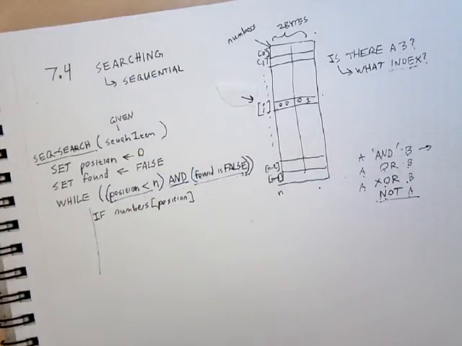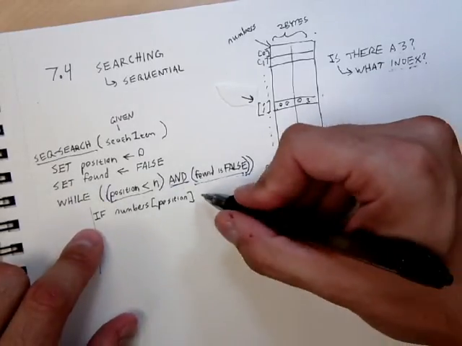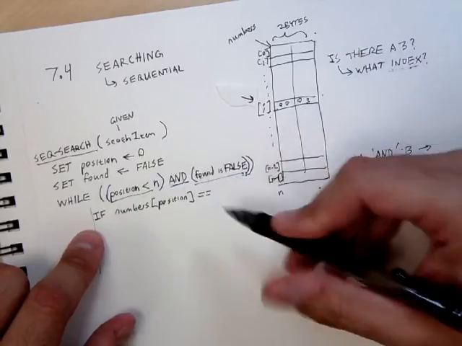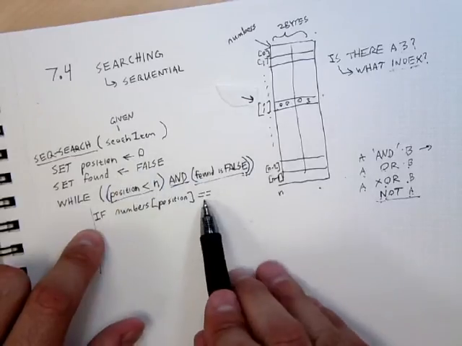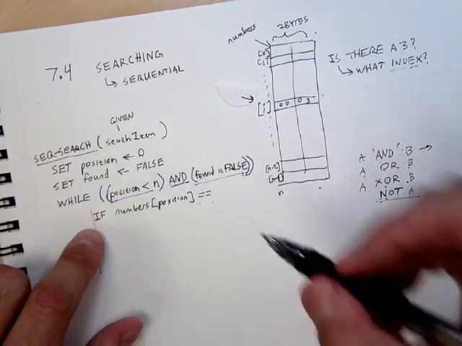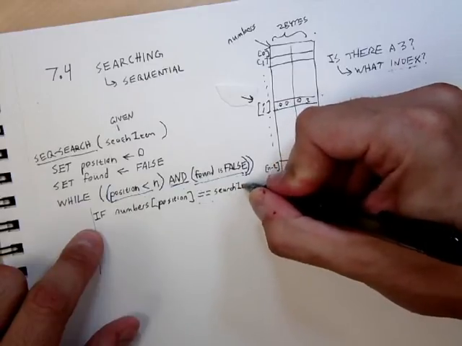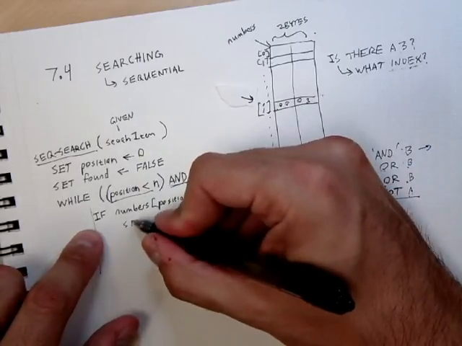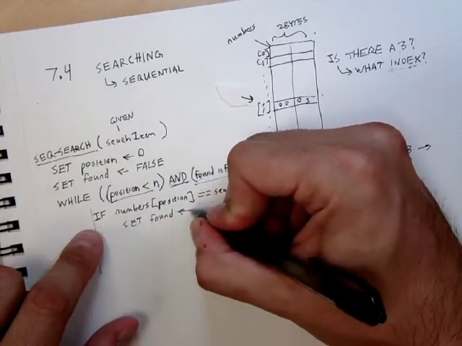So if numbers position is equal to search item, and I'm going to use two equal signs to indicate that this isn't an assignment. I use arrows for assignment anyway, so it doesn't matter. This is comparing values. If it equals search item, then what I'm going to do is set found to be true.